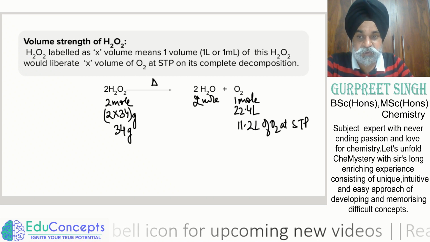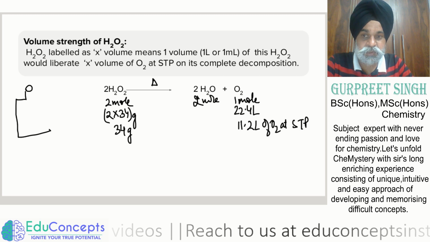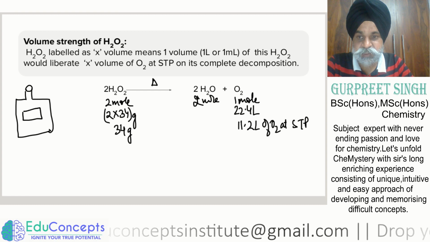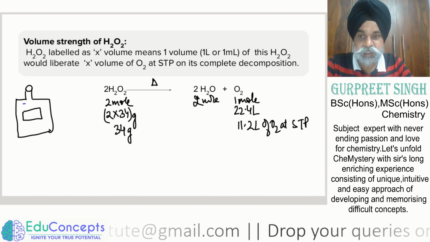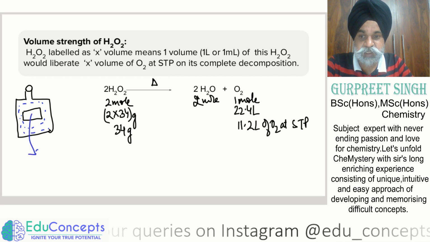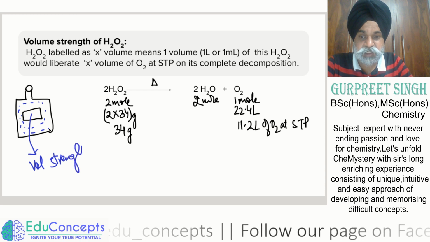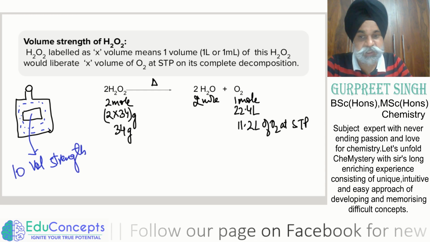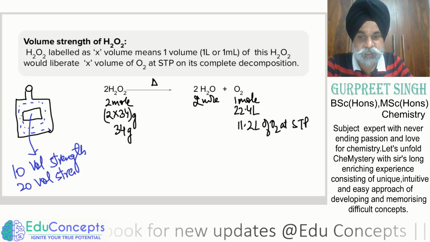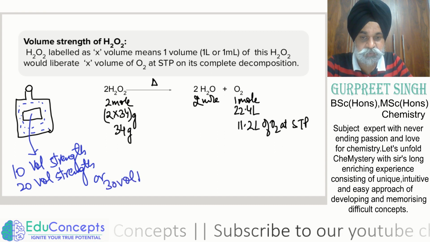If you go to the market and would like to buy a bottle of H2O2, although I'm not very good at drawing, let me draw. Say, this is H2O2, and unlike other concentration terms, its label is written as volume strength. You might see 10 volume strength H2O2 or 20 volume strength H2O2, or simply 30 volume H2O2.